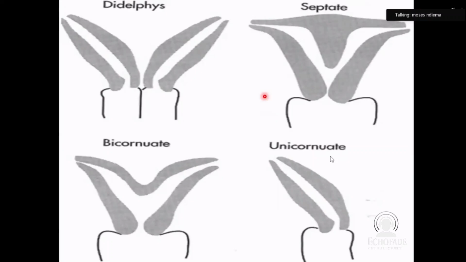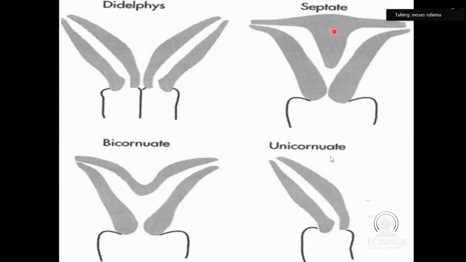In this case, uterus bicornis, you can see the uterus has two different horns because of failure of fusion at the distal part, and then a septa also in the vaginal part. And then unicornis, where you have only one horn because of failure of the Mullerian duct to develop on one side.